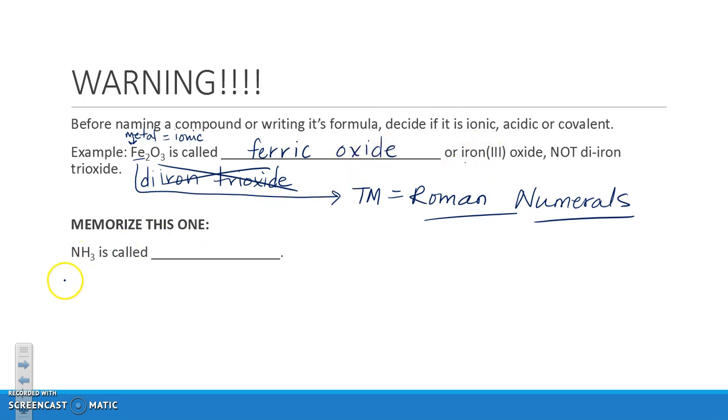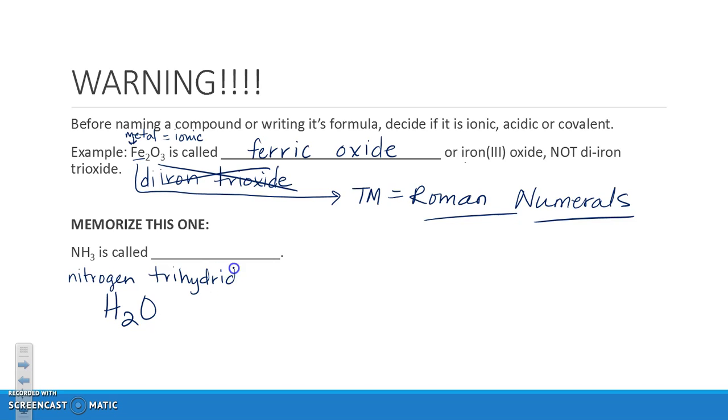All right, and then this one right here, this is a compound. It is a neutral compound because it's a compound, not an ion. And just like we call H2O water, the chemical name for it would be dihydrogen monoxide. Well, this would be nitrogen trihydride.